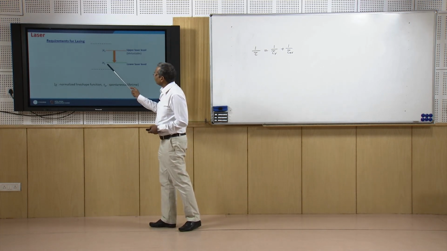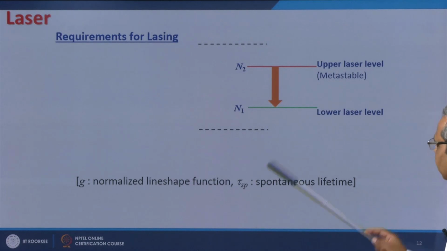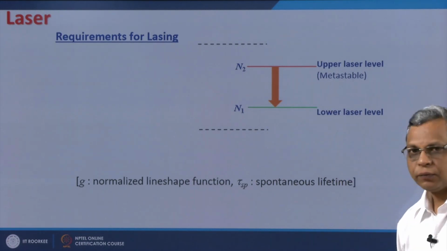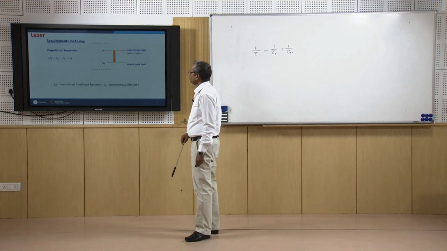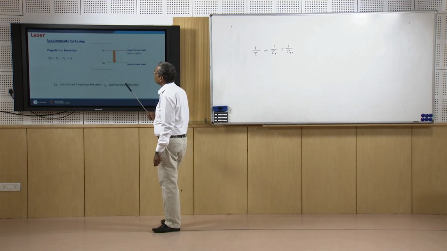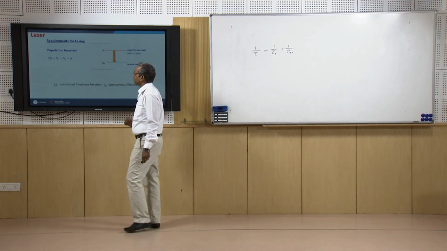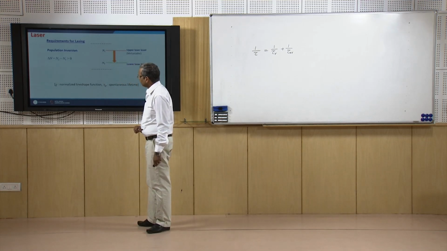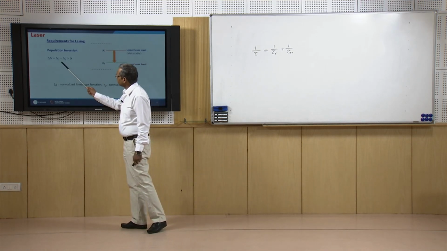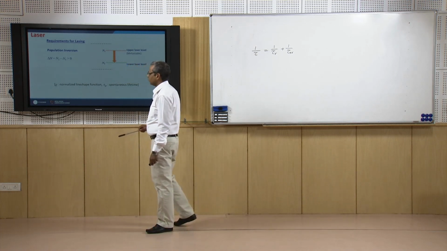If N1 is the number of atoms per unit volume in the lower laser level and N2 is the number of atoms per unit volume in the upper laser level, then the very first requirement for lasing is population inversion. That is, delta n, which is N2 minus N1, should be greater than 0.